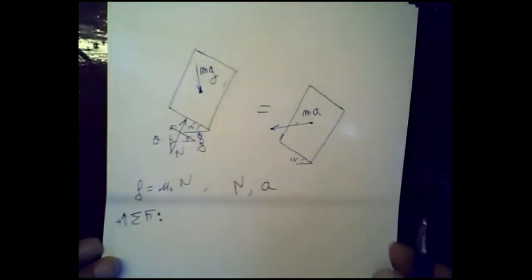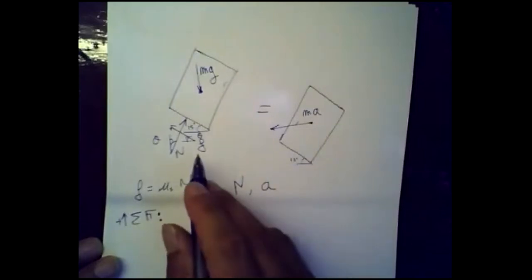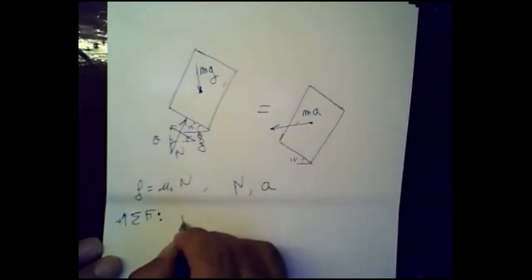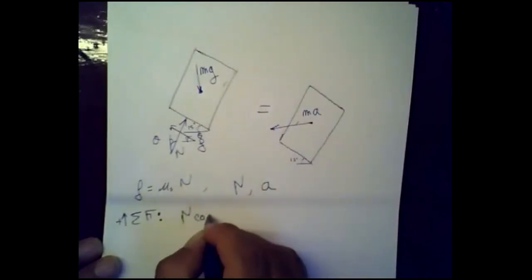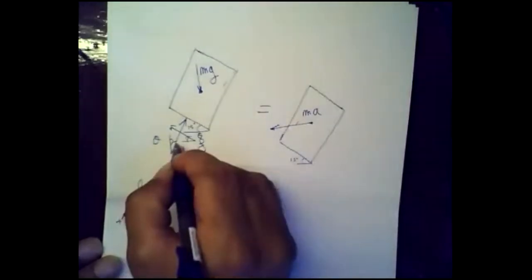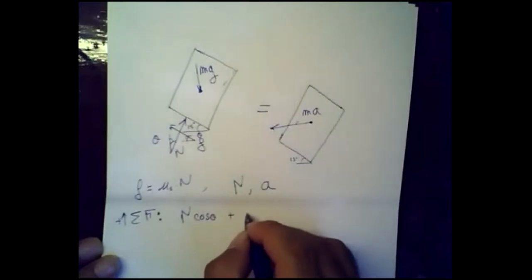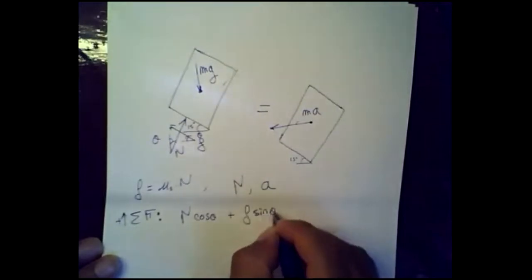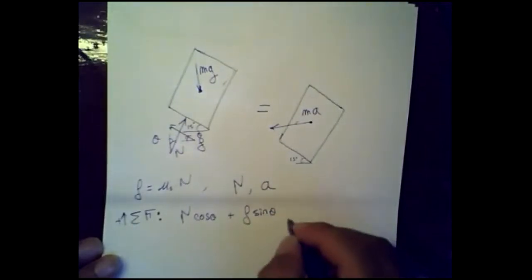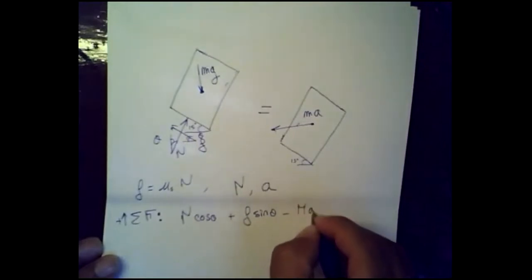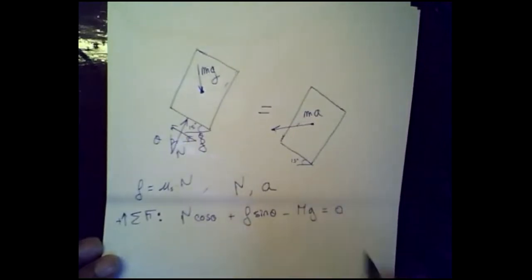So if I'm summing the forces in the vertical direction, I'm going to end up with N multiplied by cosine theta plus F sine theta minus mg equal to 0, right?